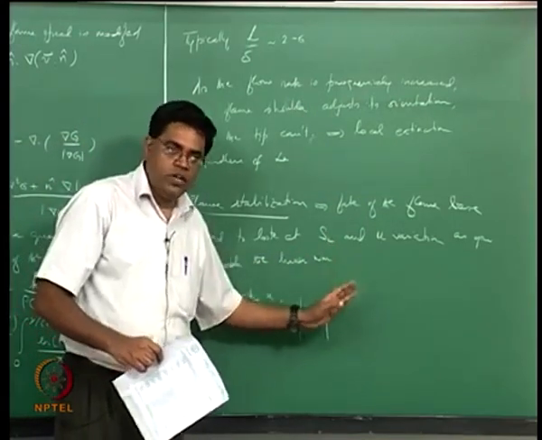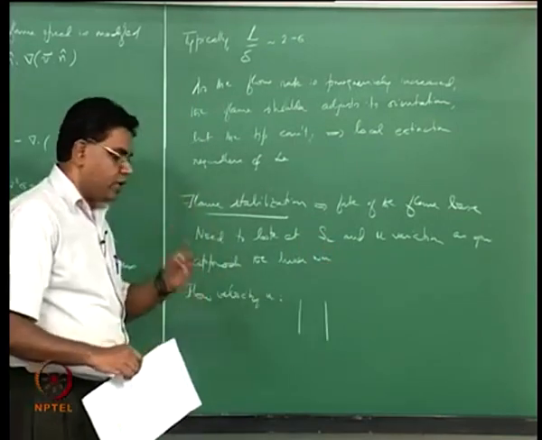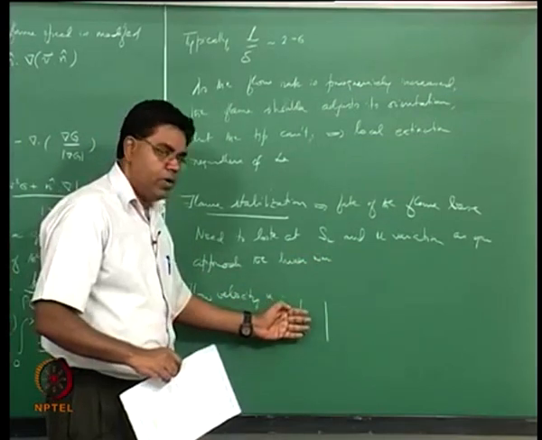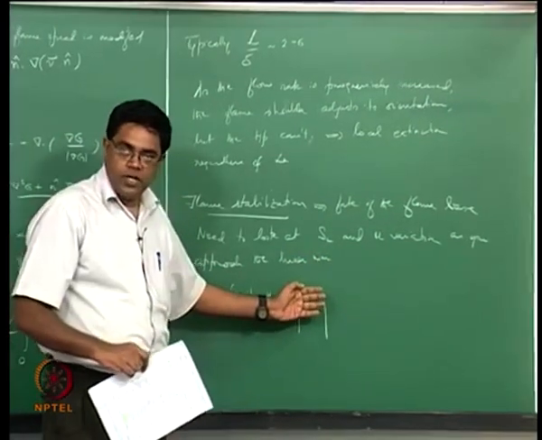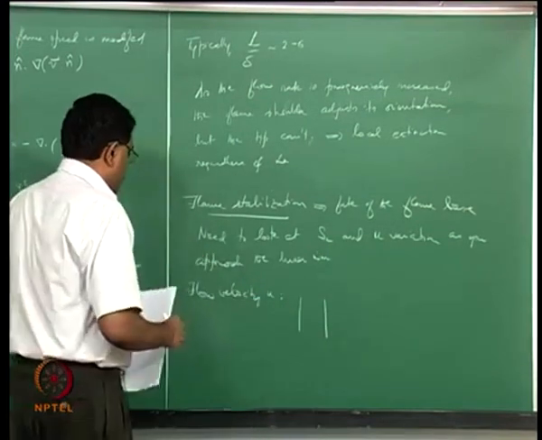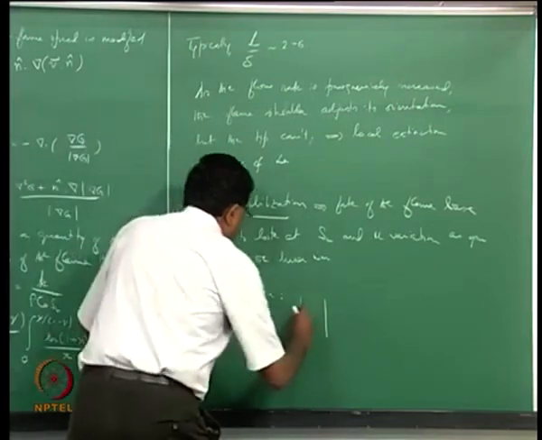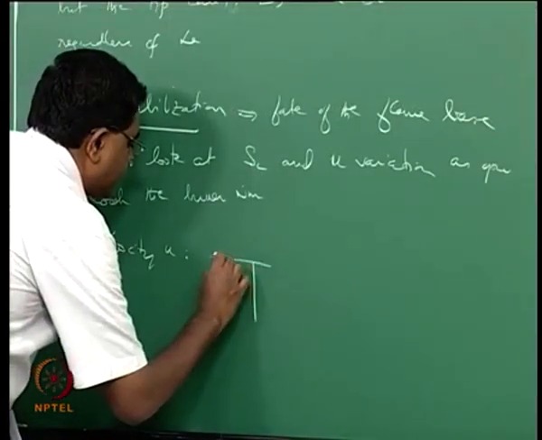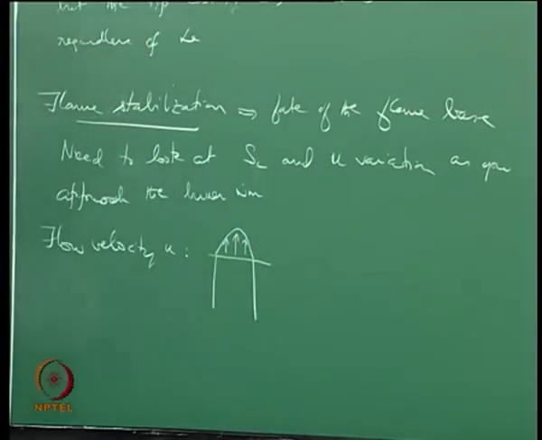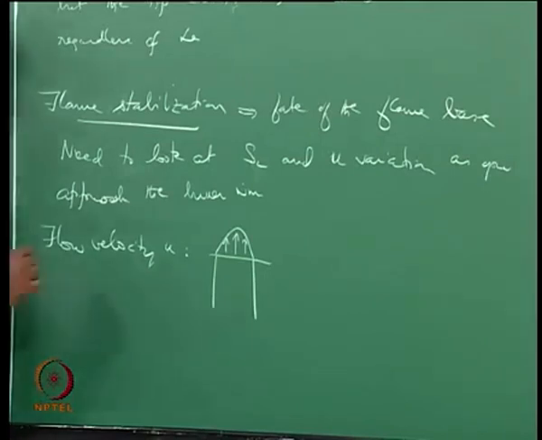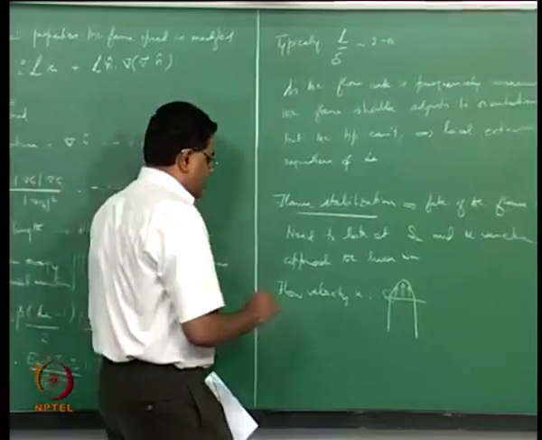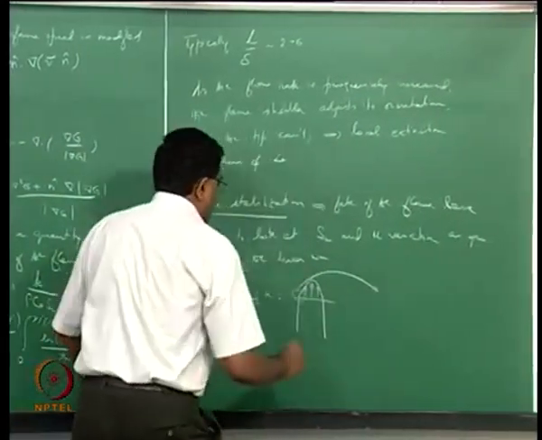So even in a worst case where you assume a fully developed flow that is emerging out of the tube, and we are talking about laminar flames, so we are looking at a laminar fully developed flow coming out of the tube. We expect a parabolic velocity profile. But what matters to us is what's happening here.